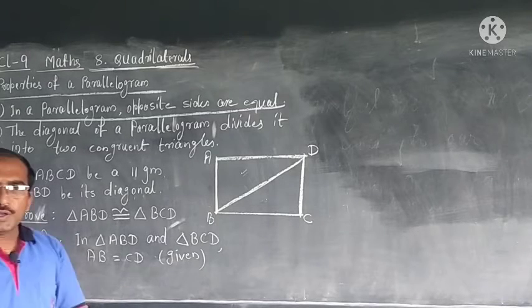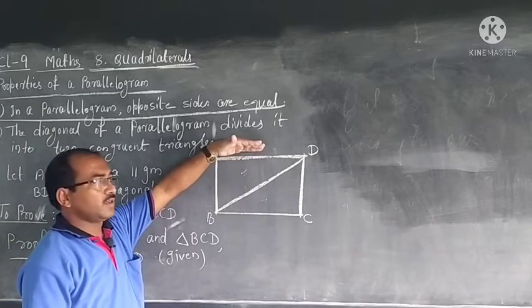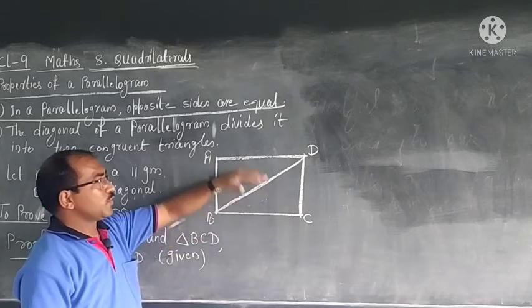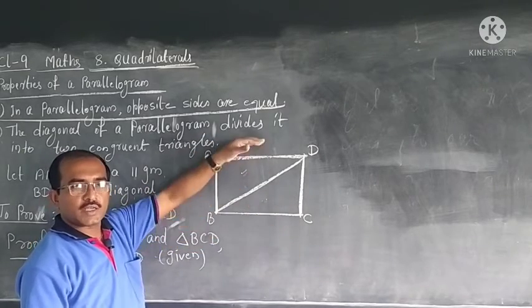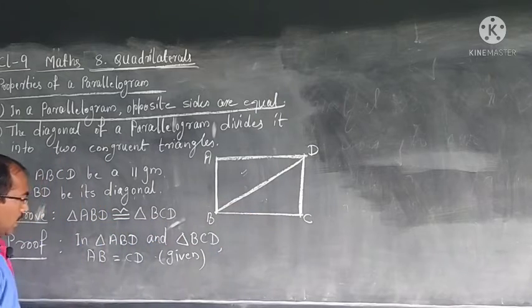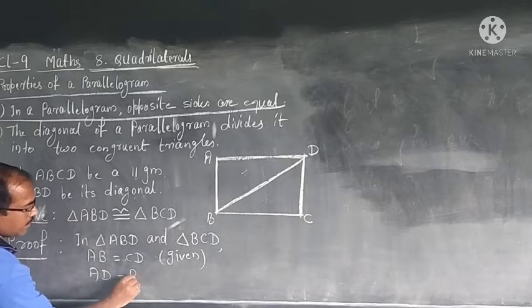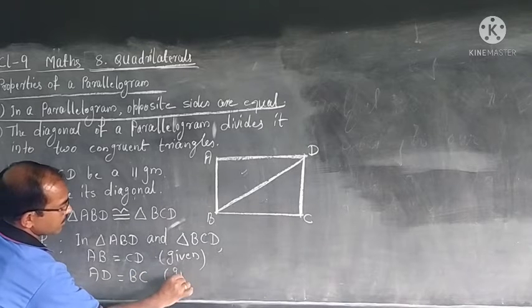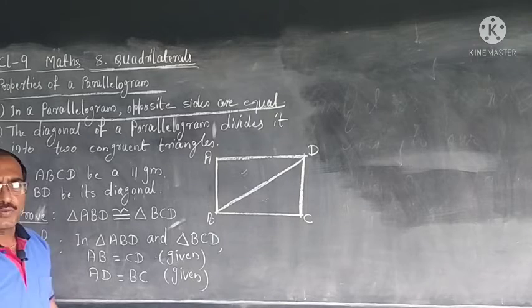Okay, something more you try to see. I have seen one side is here and another side is this. So, AD is in this triangle and BC is in this triangle, these two sides are equal. We will write that they are also equal, AD is equal to BC. The reason is the same, it is given because it is a parallelogram, opposite sides are equal. Then one more, do you find something?